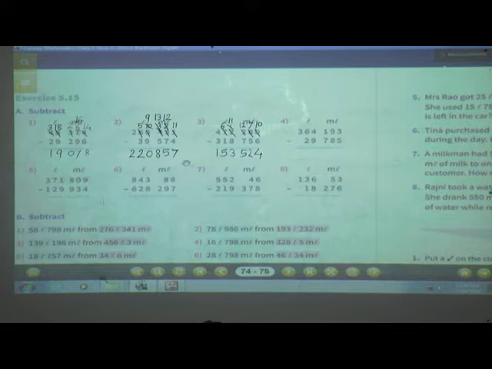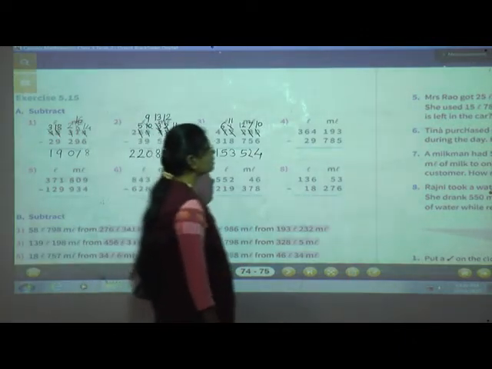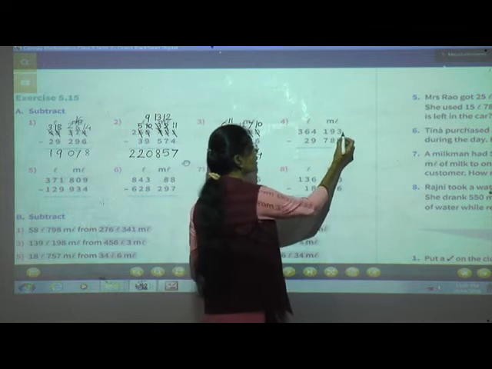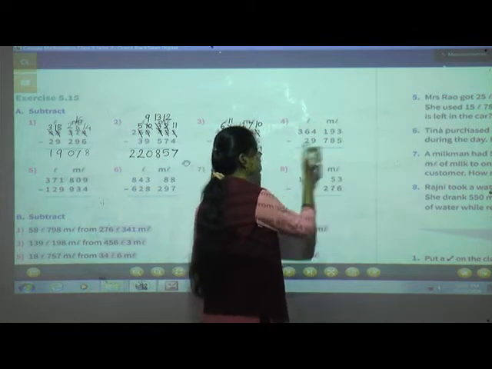Okay. Now we'll move to the fourth example. Read the numbers. 364 liter 193 milliliter minus 29 liter 785 milliliter. Okay. Now first we will subtract the milliliters. Now here 3 is there, here 5 is there. 3 minus 5.